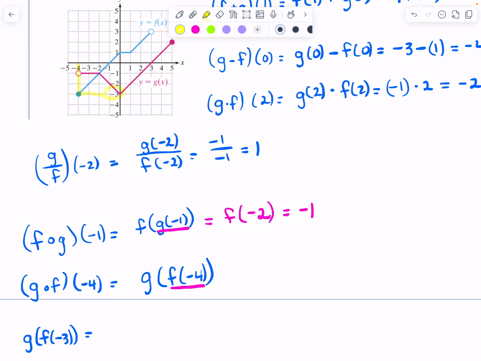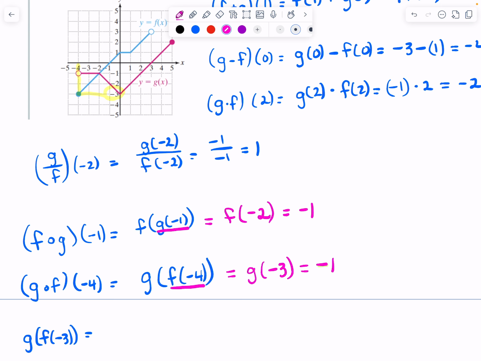So the f function is the blue function, and f of -4 is -3. So now we're going to find the g function evaluated at -3. So the g function is the pink, evaluated at -3 is going to be -1. So g of f of -4 is -1.